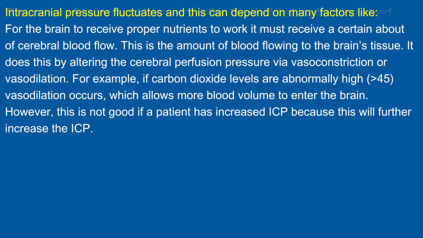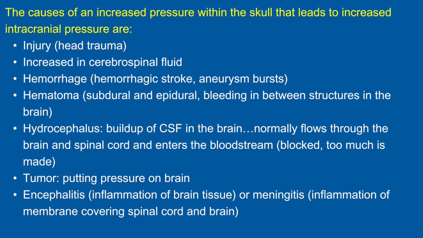Next, we will see the causes of an increased pressure within the skull that leads to increased intracranial pressure. They are injury or head trauma, increase in cerebrospinal fluid, hemorrhagic stroke or aneurysm burst, hematoma, subdural or epidural hematoma, bleeding in between structures in the brain, hydrocephalus, buildup of CSF in the brain; CSF normally flows through the brain and the spinal cord and enters the bloodstream.